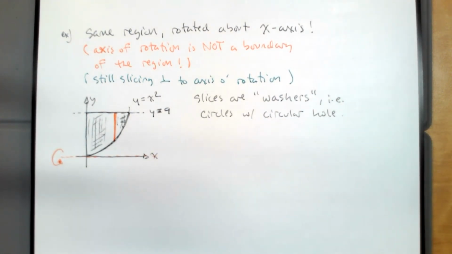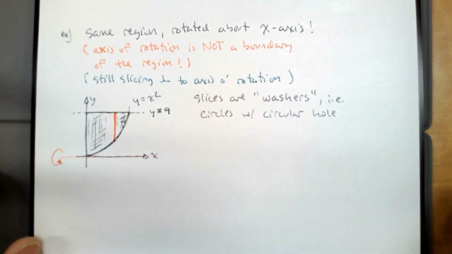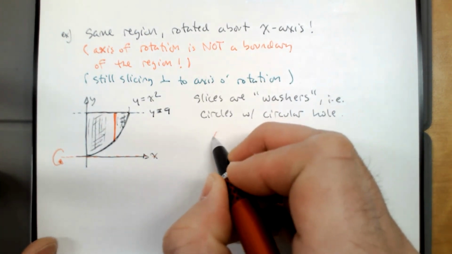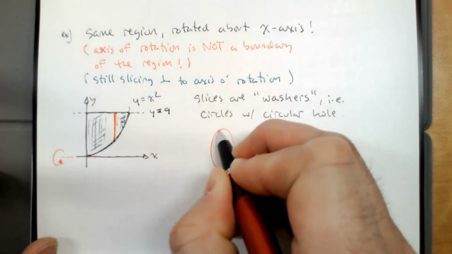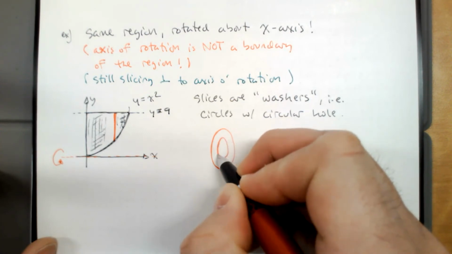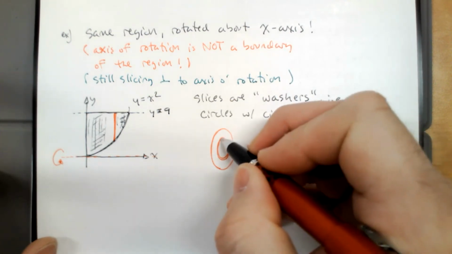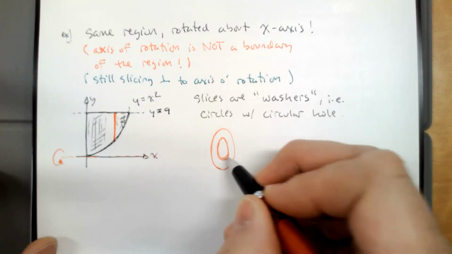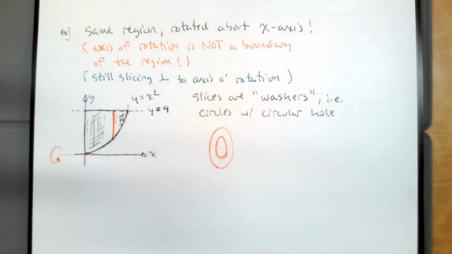It's going to be a circle with a circular hole, because we're not rotating about a boundary of the region.